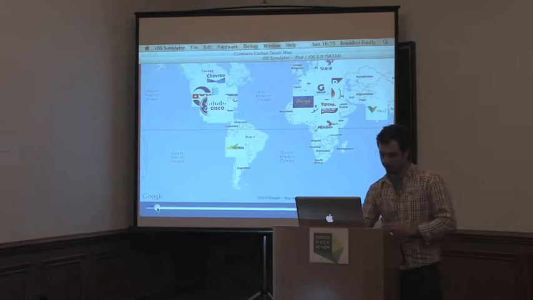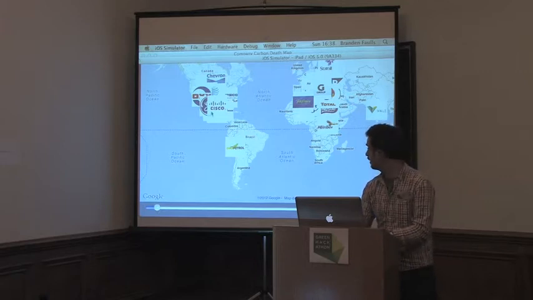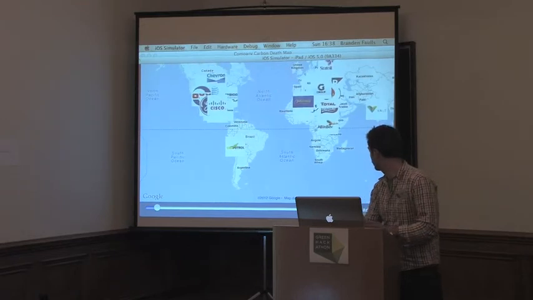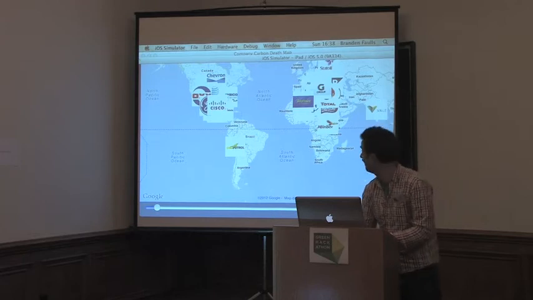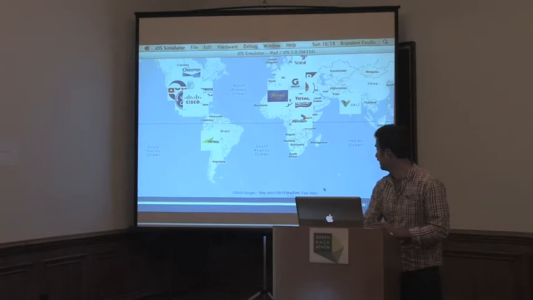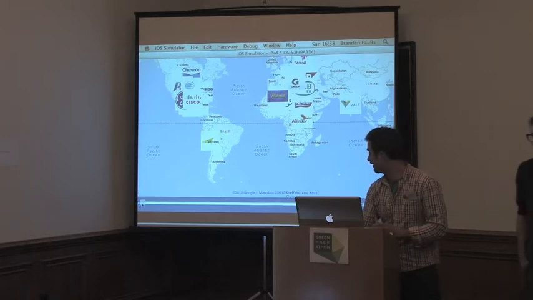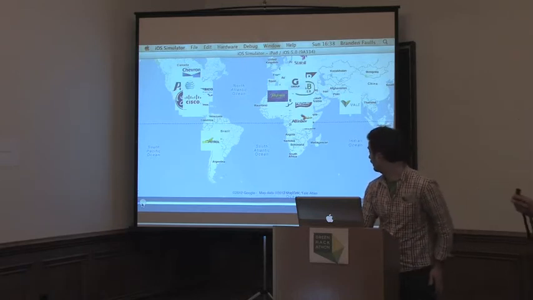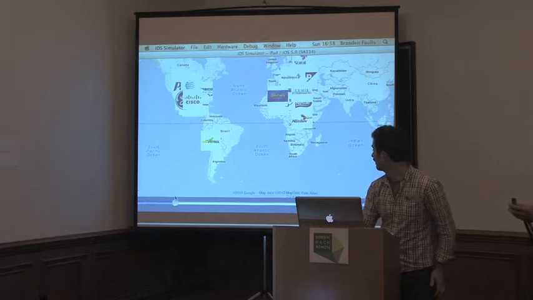So you can see the price going up here. This is the carbon price in 2030. And then as we change the carbon price, you'll see various companies blink out of existence.